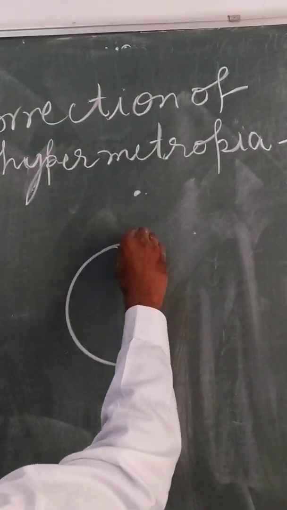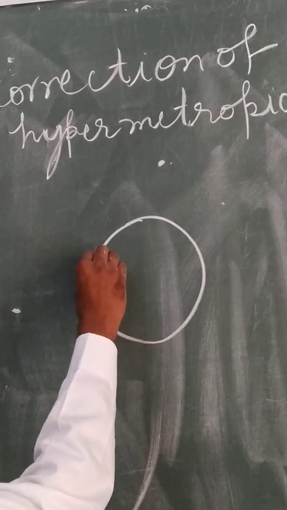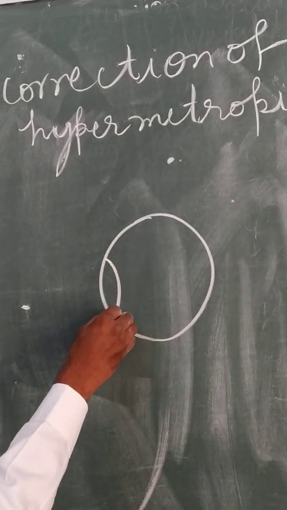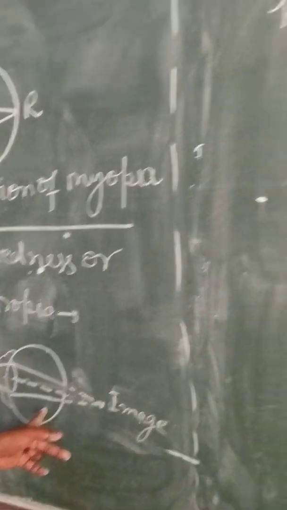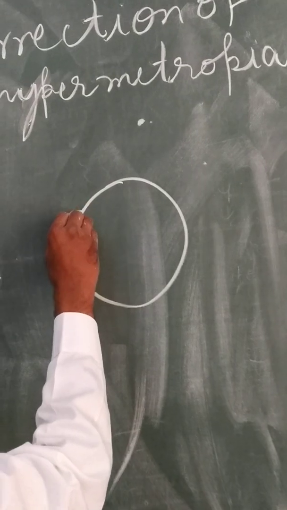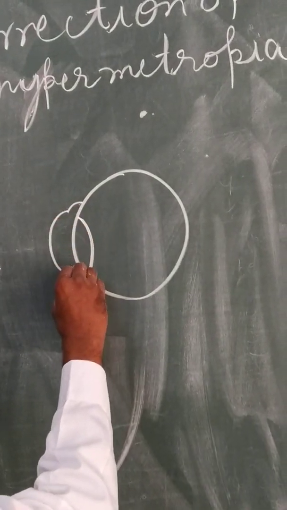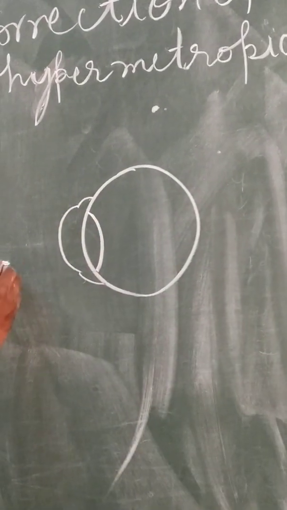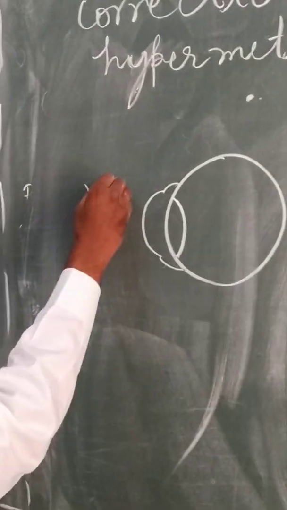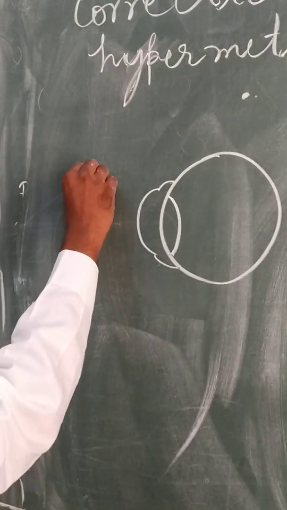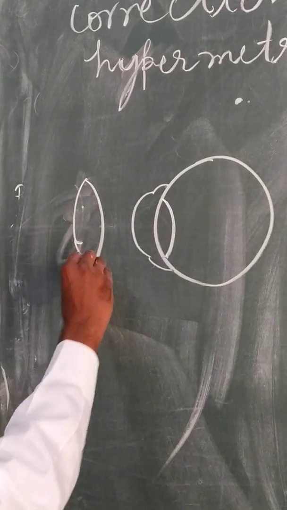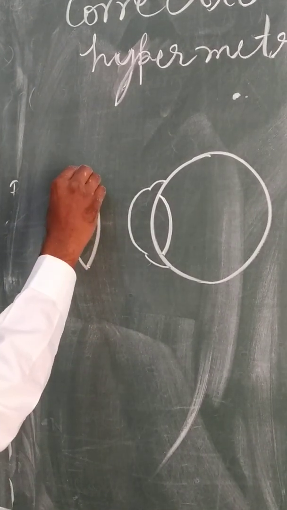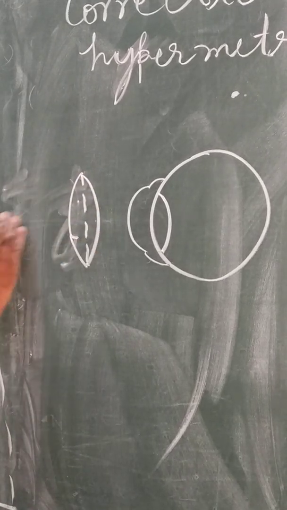In this type of defect, we use a convex lens. Here the converging power of the eye lens is decreased. So we use a convex lens in front of the eye lens.